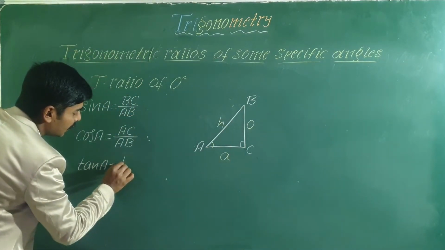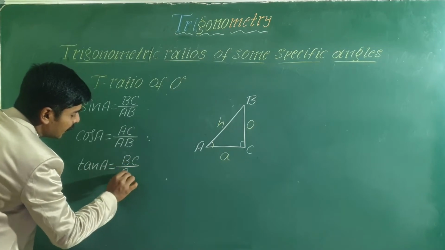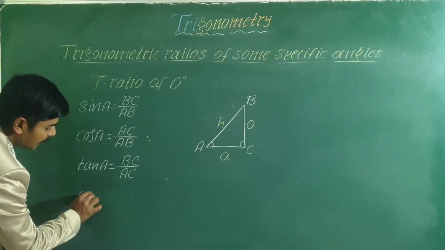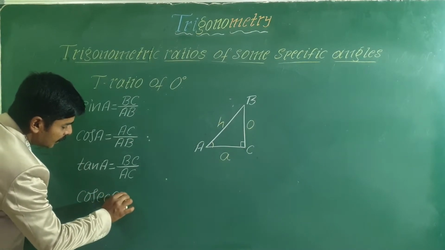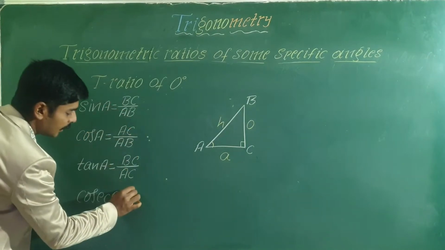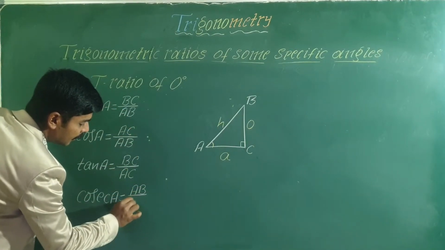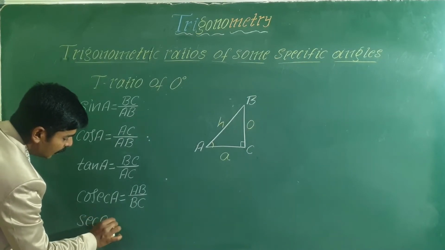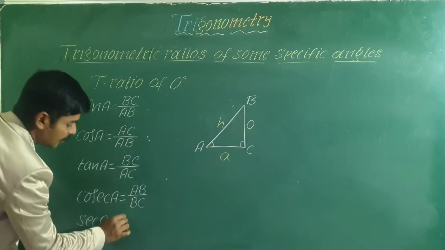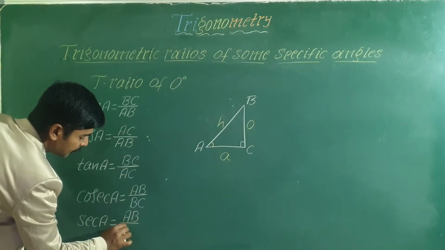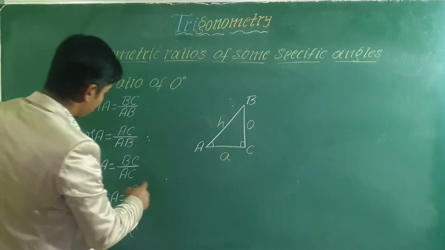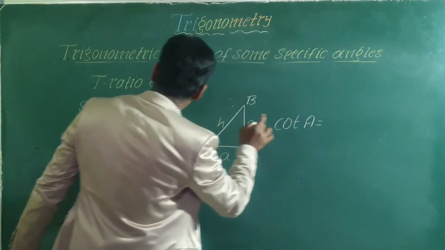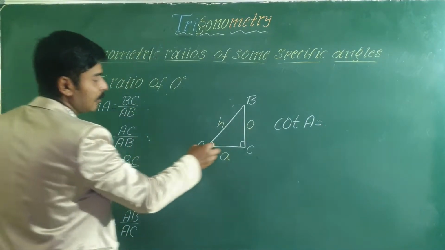So BC by AC. Next, cosecant A is the reciprocal of sin A, that is AB by BC. Next, secant A, it is the reciprocal of cos A, so AB by AC. And next we have cot A. Cot A is the reciprocal of tan A, that is AC by BC.